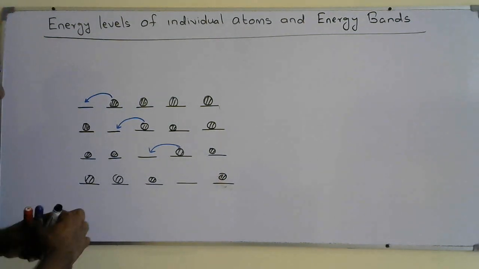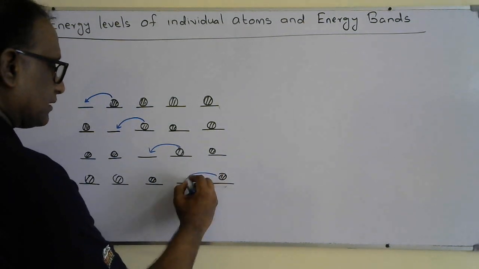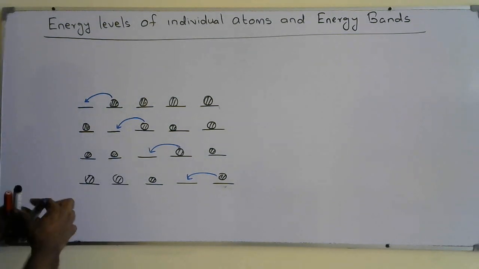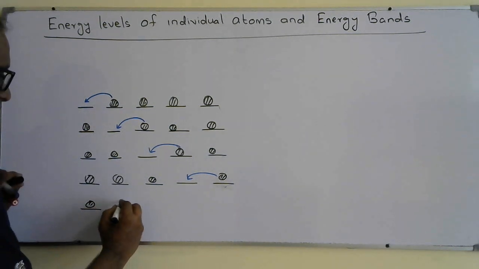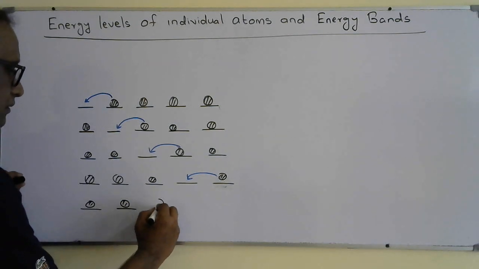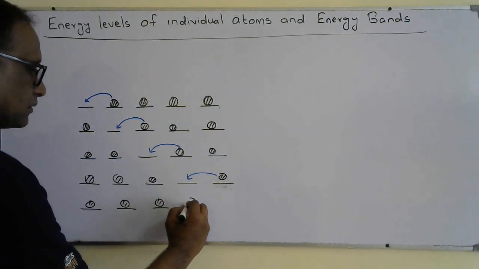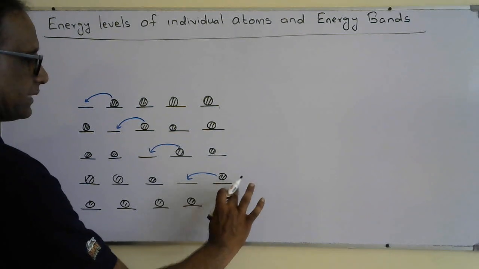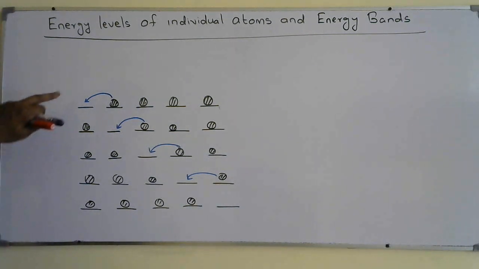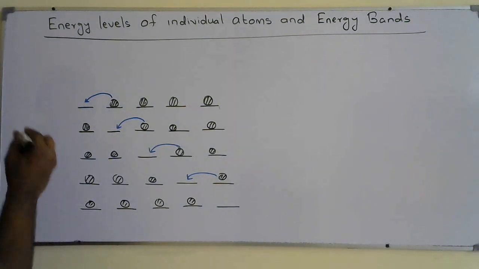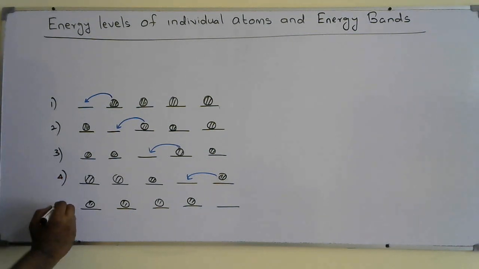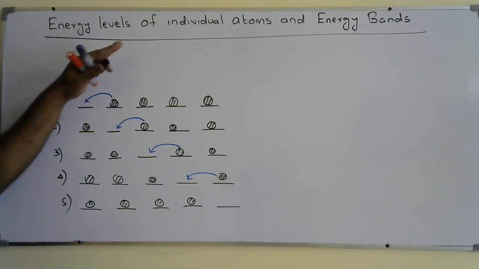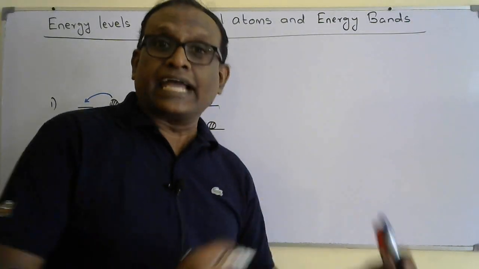Again, the last example, if this moves to this side, what happens? Again I can draw the same diagrams this way. This has become empty. Now look here, if you compare from the first to the last diagram, this is the first diagram, this is the second, third, fourth, fifth diagram. So this happened during a particular time period.